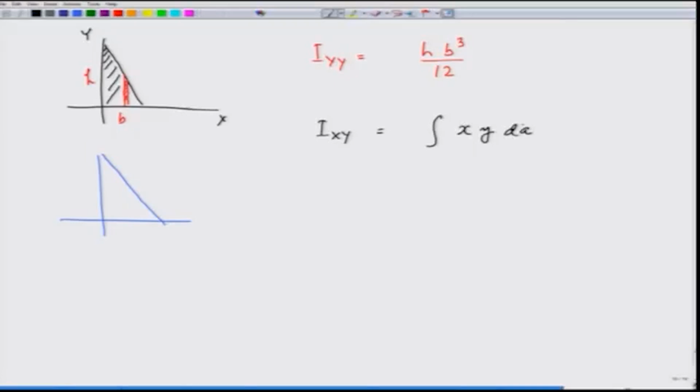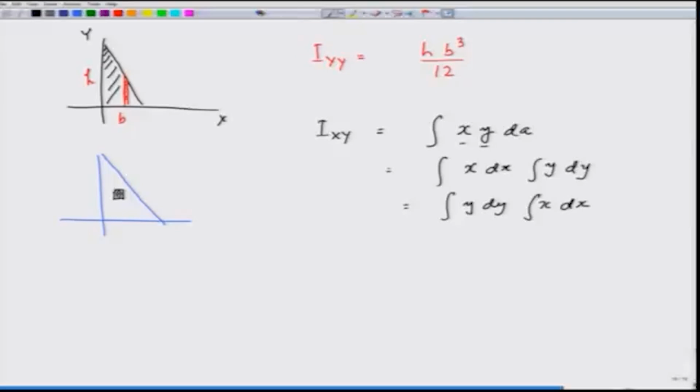Now, in this case I have to be a little careful because this integrand involves both x and y. I will take a small area here and write this as integral x dx y dy, or equivalently y dy x dx. You can perform one of the integrals to start with.